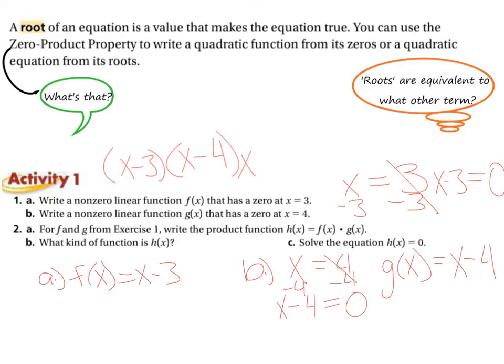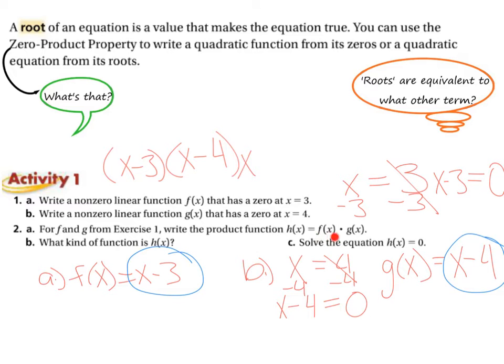Okay, and then for number 2, for f and g from exercise 1, write the product function h of x equals f of x times g of x. So all we're doing is taking the two functions that we found. We found x minus 3 and x minus 4 to be our two functions, and we are multiplying them.